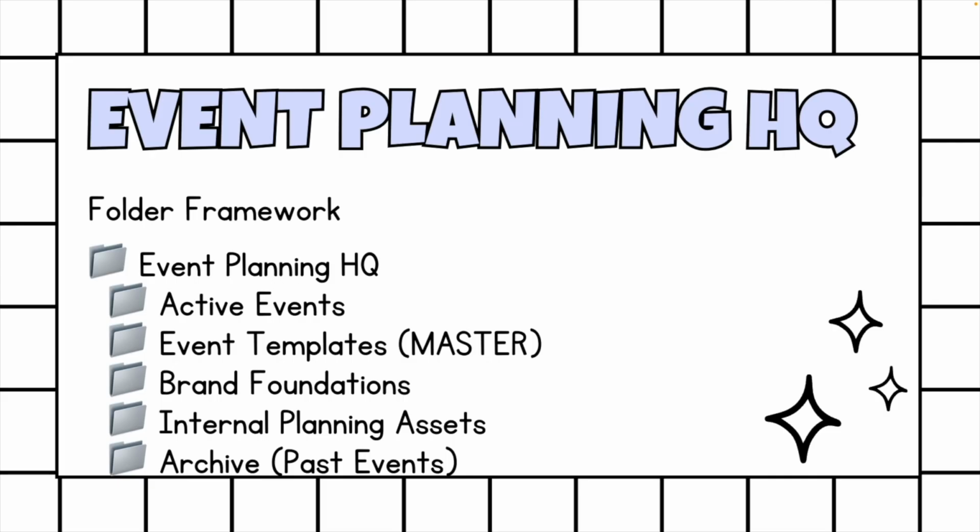These are the foundational templates that will save you time and ultimately ensure consistency across all events. Remember, these are locked designs, so they remain unchanged, and ultimately they're going to be ready for duplication, and those duplicate files will then be moved into the active events folder, right?